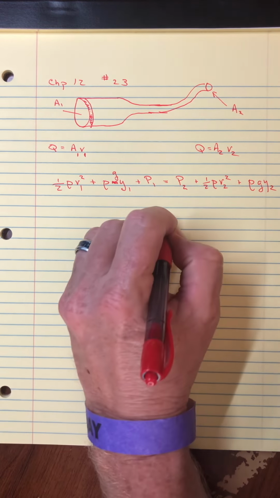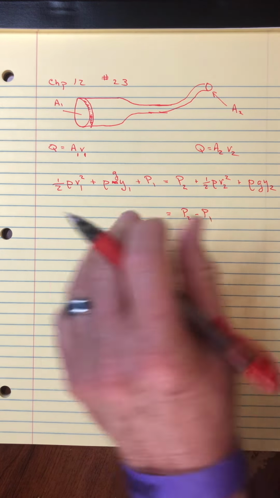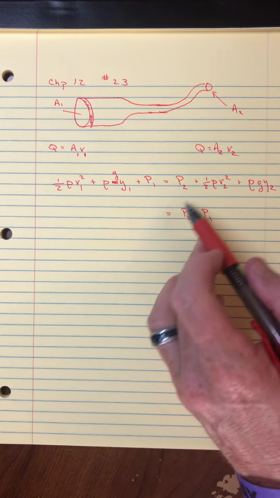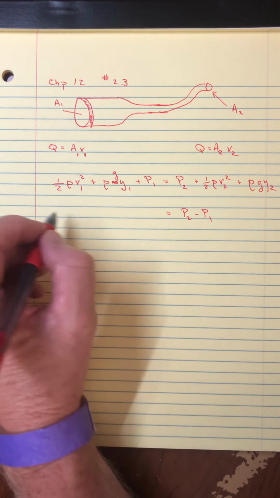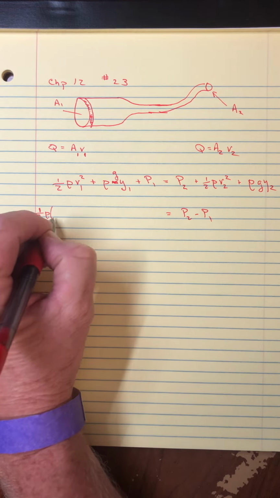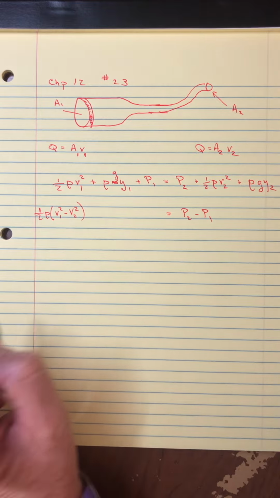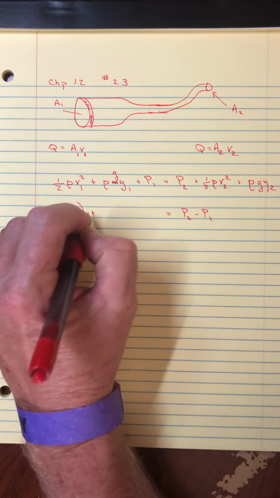And so if we write this as a pressure 2 minus a pressure 1, a pressure change, then there would be a pressure change for one reason right here: a speed change, a change in the kinetic energy.